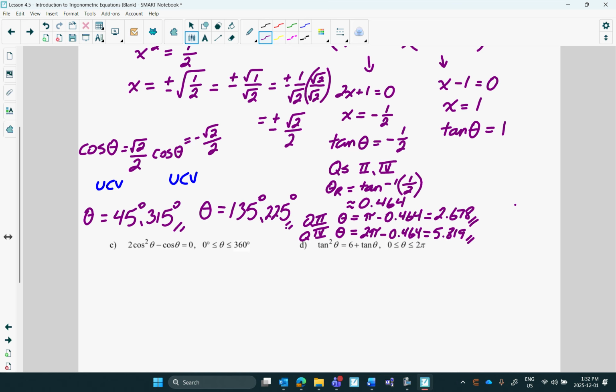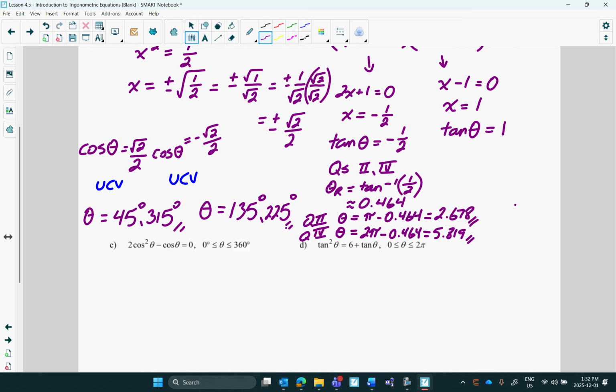Is there a unit circle coordinate where the y divided by the x is 1? Yes. Remember, anything divided by itself is 1, right? So which unit circle coordinates are the x's and y's identical?